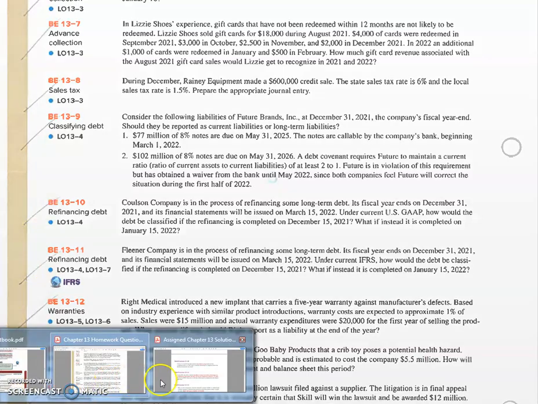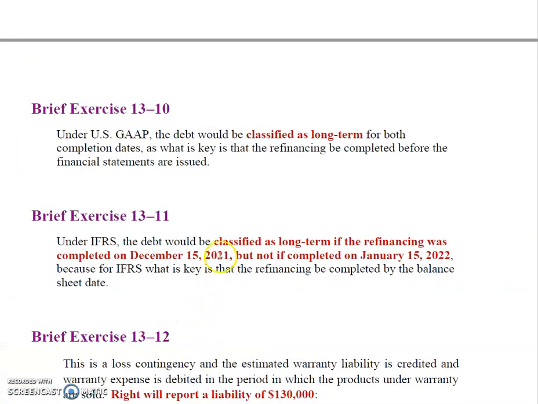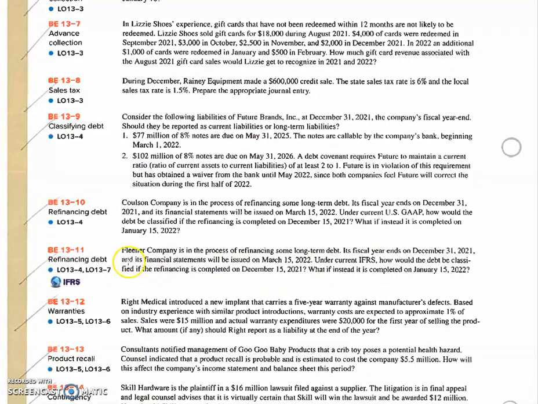So, under U.S. GAAP, I do not have to have completed the refinancing at year end as long as it's completed before the financial statements are issued. Now, under IFRS, that's not true, and I think that gets to the next question.